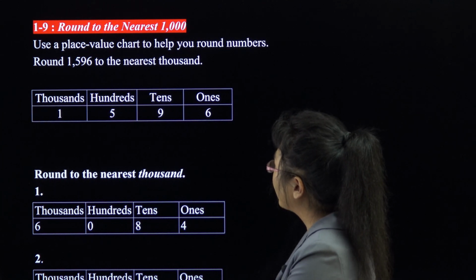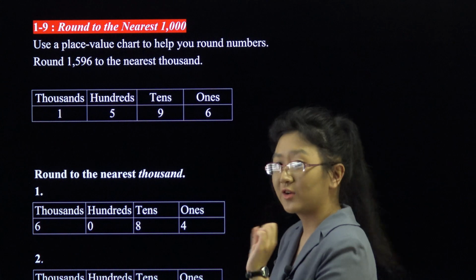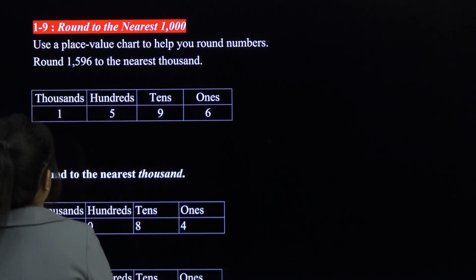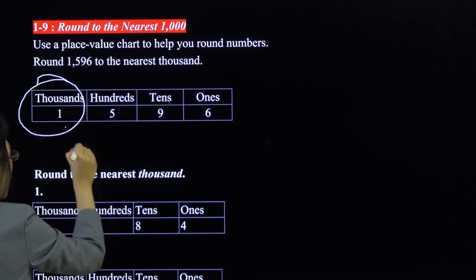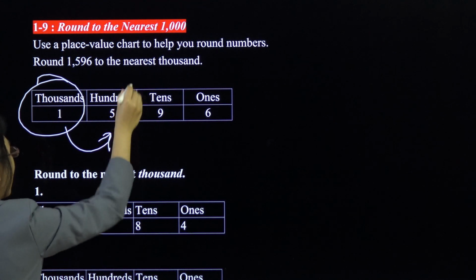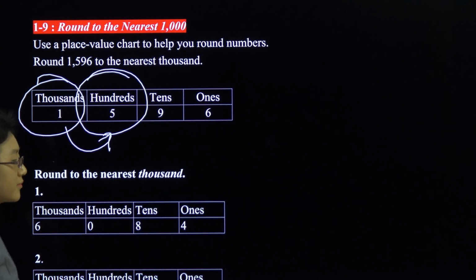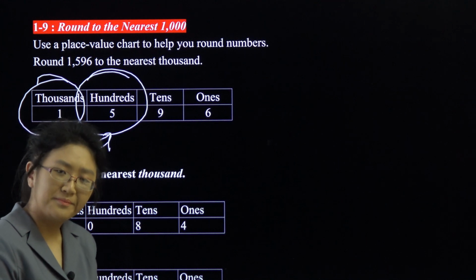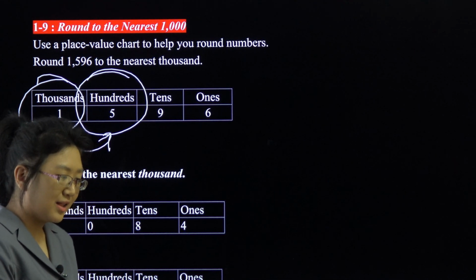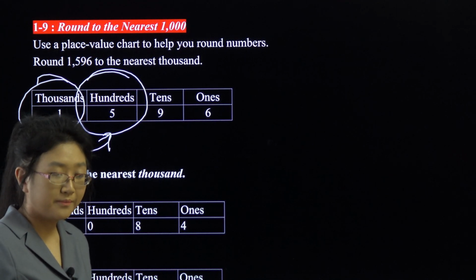Round 1,596 to the nearest thousand. So we're rounding to the thousands, and we move one place value to the right, and that's the hundreds. Now the hundreds is a 5. Well, you round up for 5.